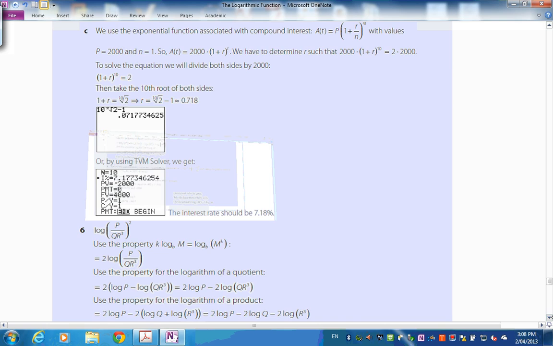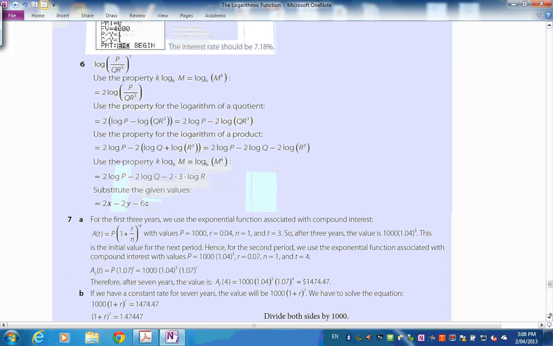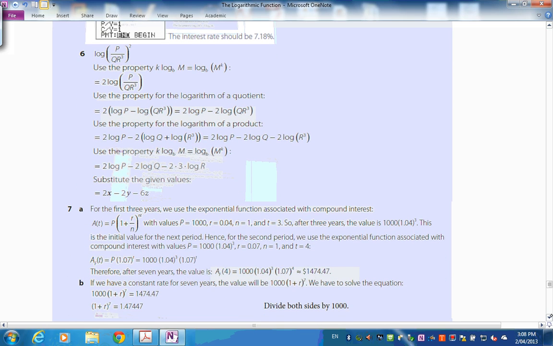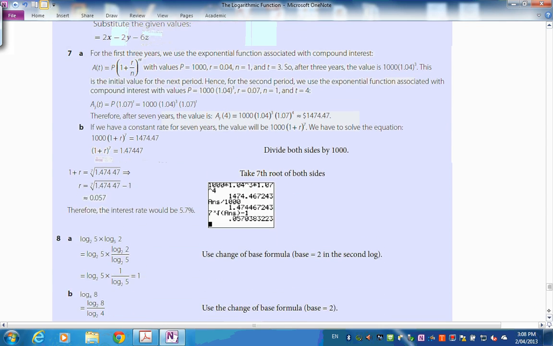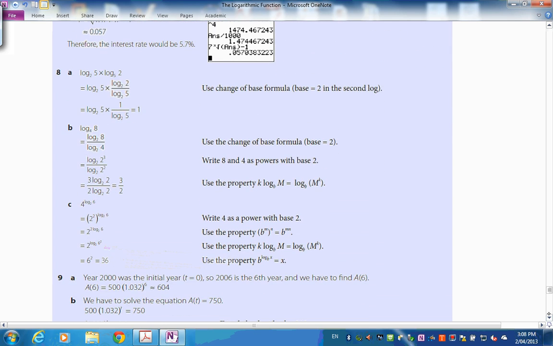Let's have a look at 6 then. 6 and 7. We look at 7. 8.